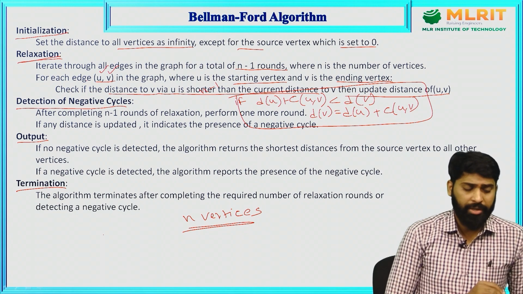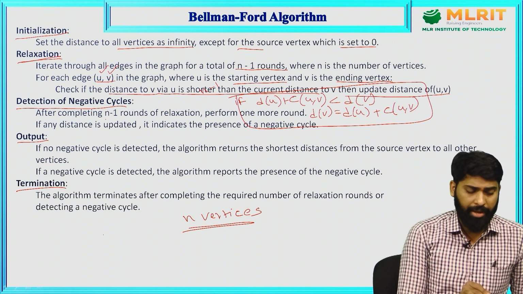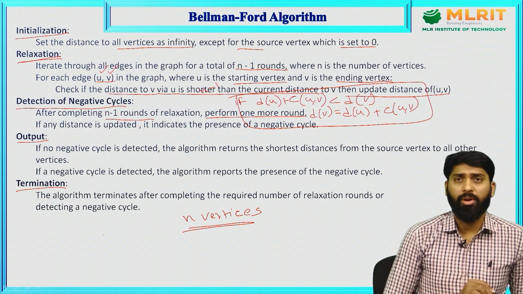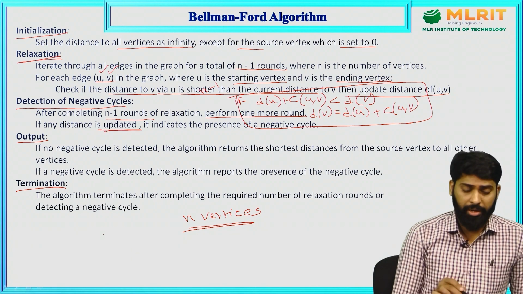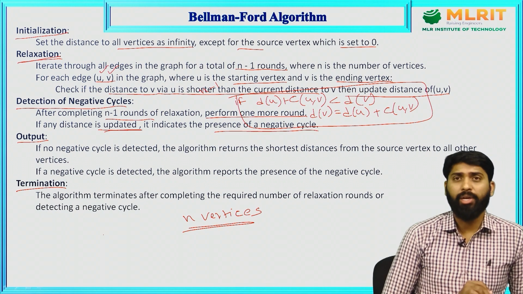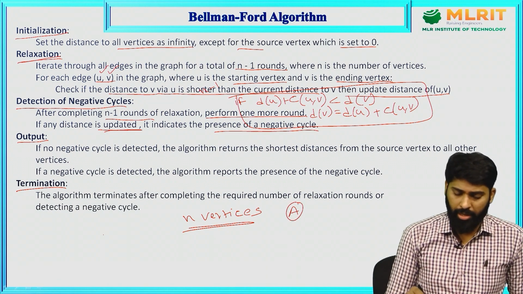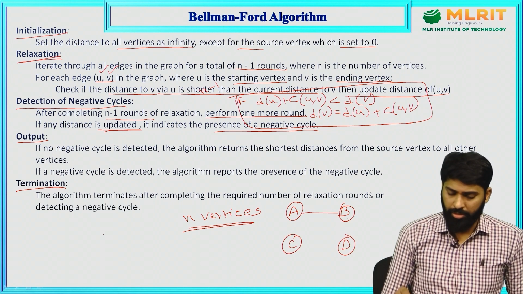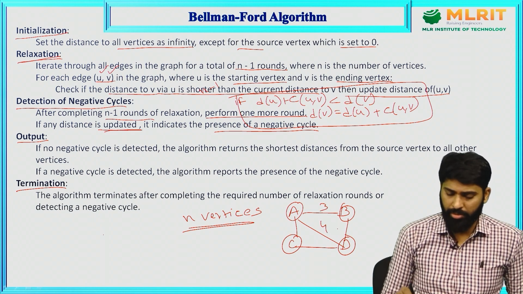Next, detection of negative cycles. After completing n minus 1 rounds of relaxation, perform one more round. If any distance is updated, it indicates the presence of a negative cycle. For example, let us consider A, B, C, D. So, we have 4 vertices. Let us assume these are the weights.